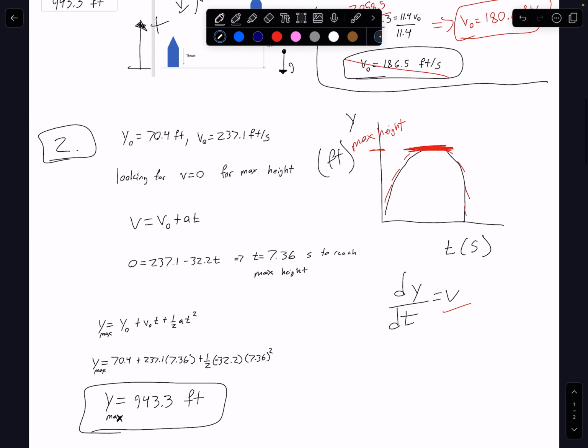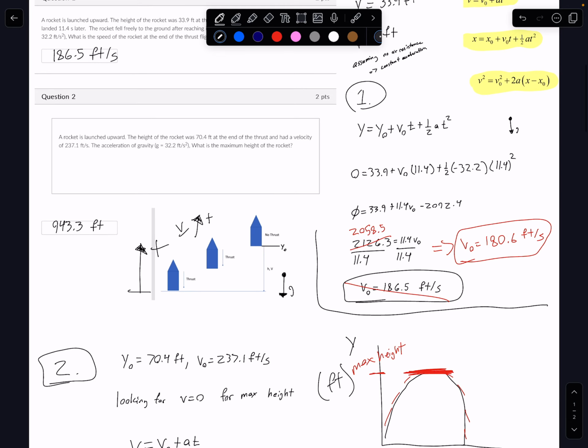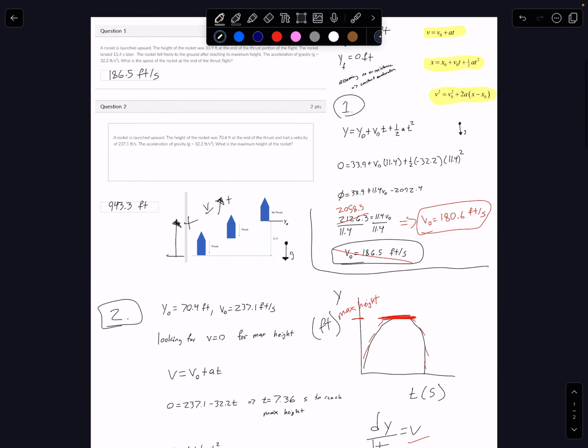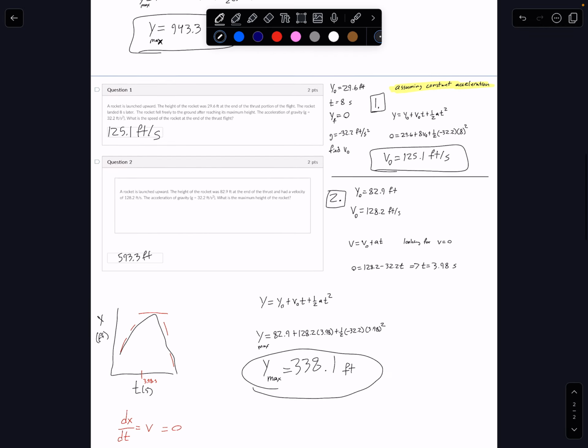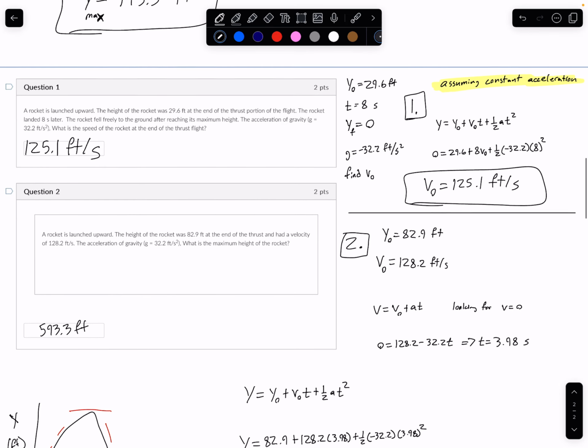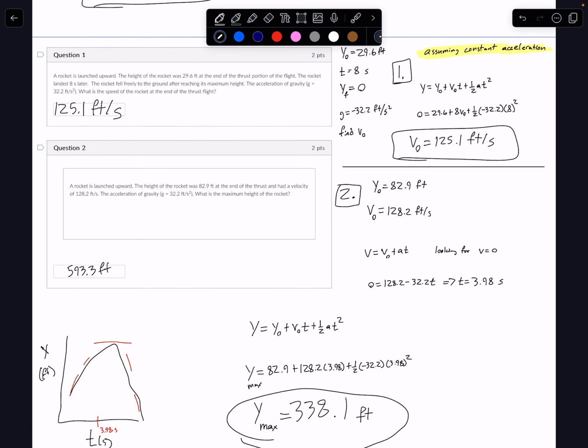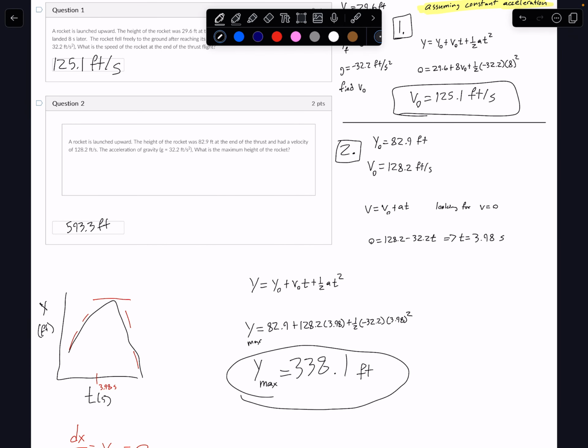It's kind of confusing. Just going over everything over here, make sure everything is all set. 128.2 squared.